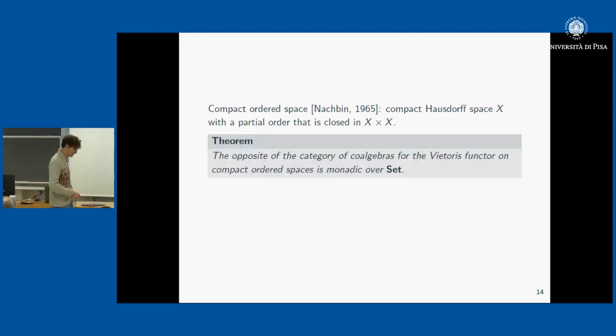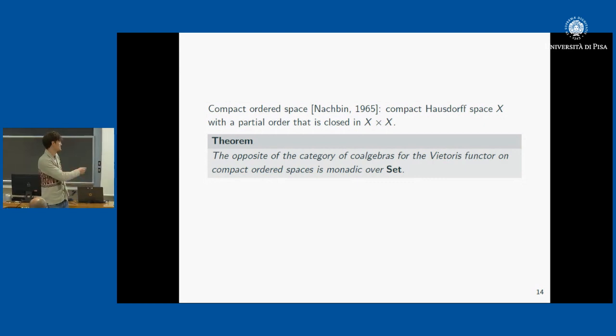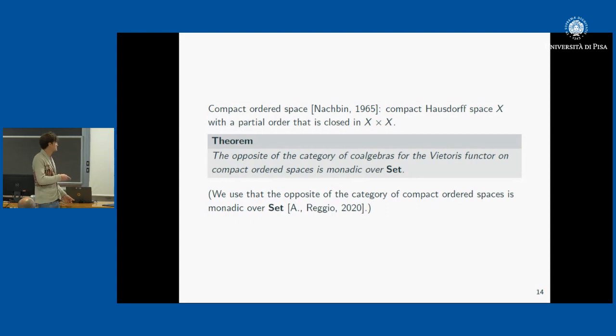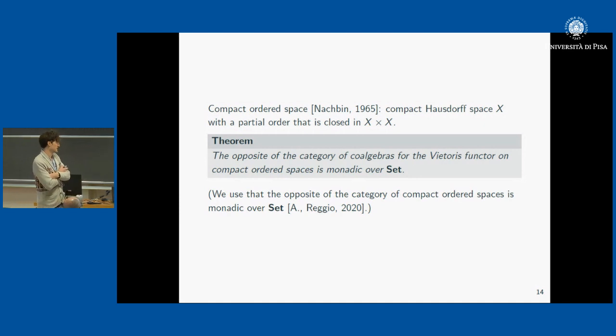And again, here we have an analogue of the Vietoris functor, and again the opposite of the category of coalgebras for this functor is monadic over Set. So it could also be presented as certain algebras for an equational theory. And for this result, we use an analogue of Daskin's result, namely that the category of compact ordered spaces is monadic over Set.